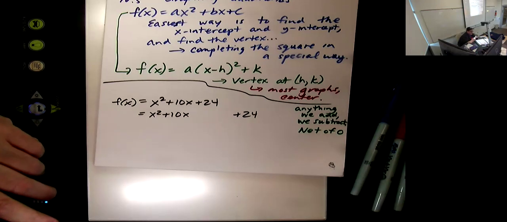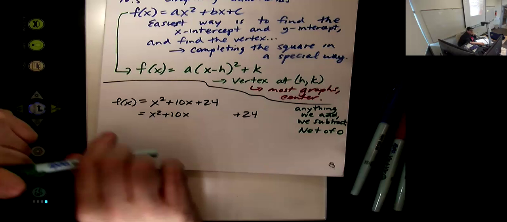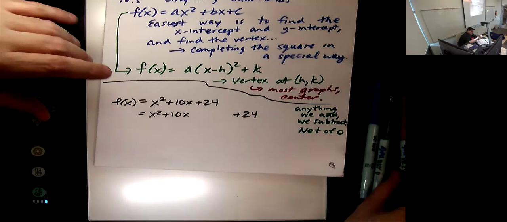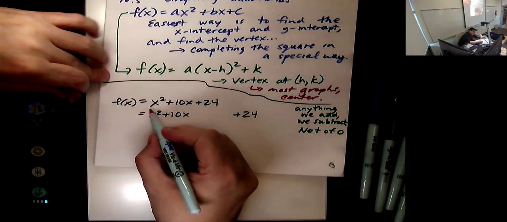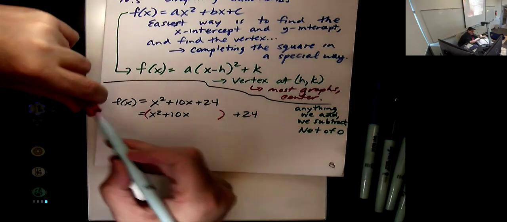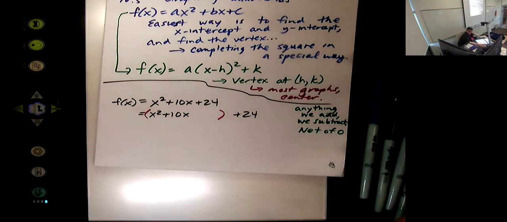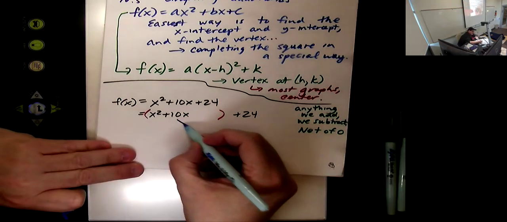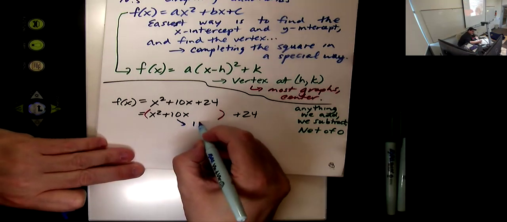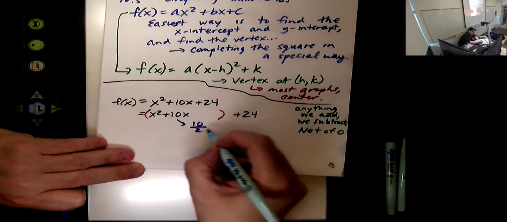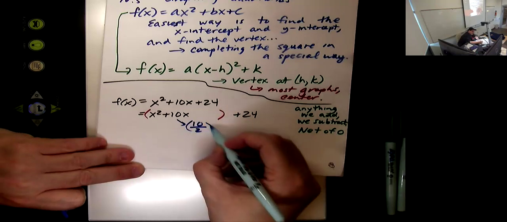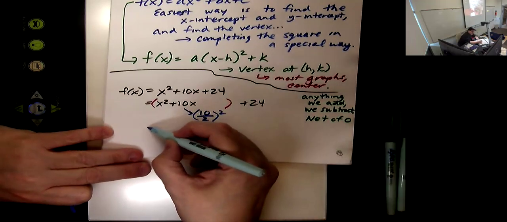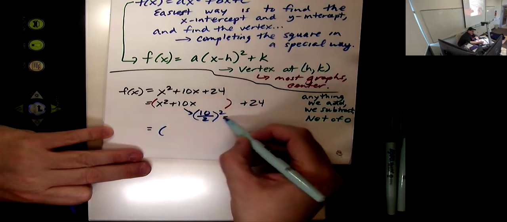Like if I add 10 on the left, I want to subtract 10 on the right also. That way I haven't changed it. But now we can focus on doing the completing the square. So I'm going to bring the 10 down. Remember, we multiply by 1/2 or divide by 2, and we square it. It'll be 25, right?